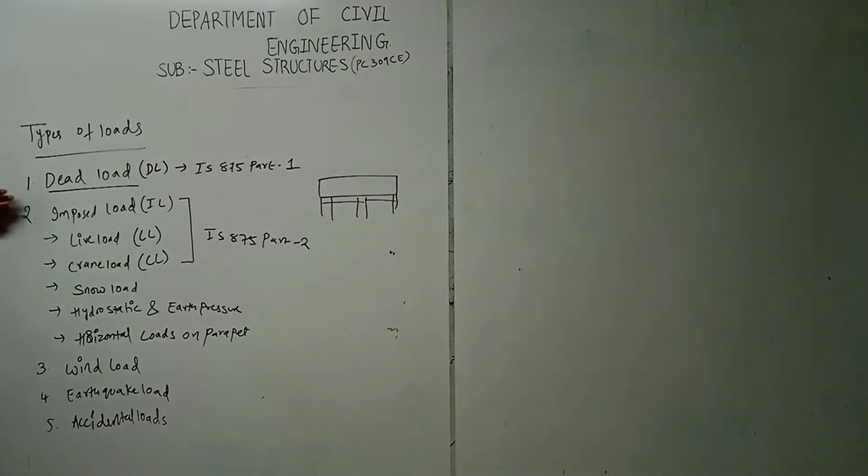Under the live load you get human beings plus furniture and utensils; those are all live loads. Next one is the crane load.